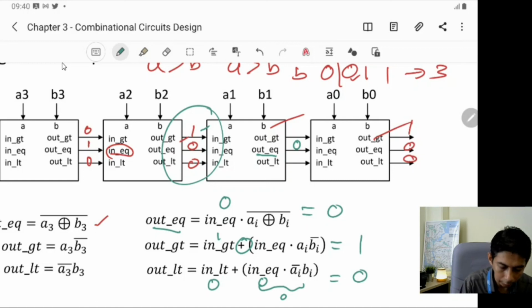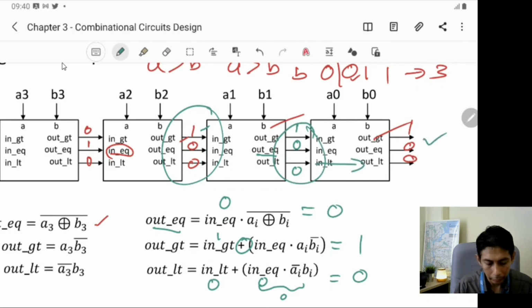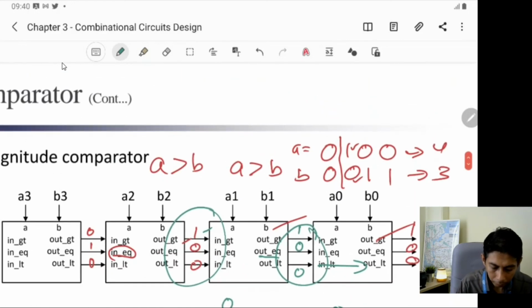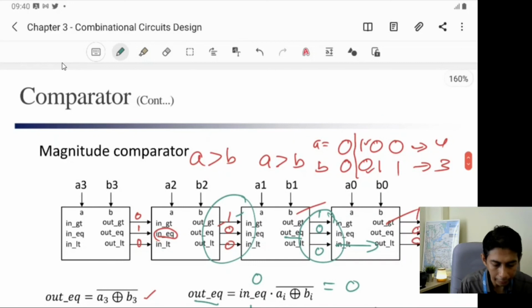So again, you will have this one. And when you propagate this to this block, you will always get this value. Now we know exactly A is greater than B. So that is the idea.